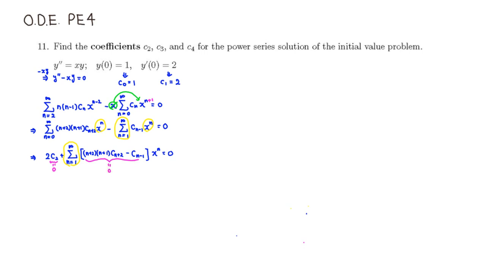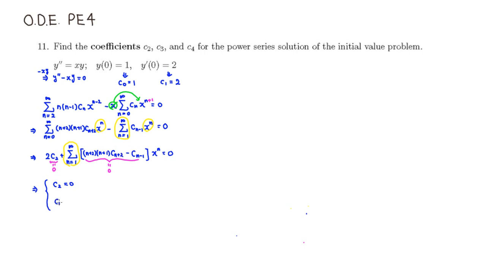So here are the conditions. The first thing we get is that C2 must be 0. And here, I'm going to solve for c sub n plus 2.